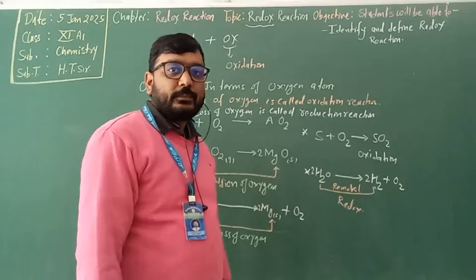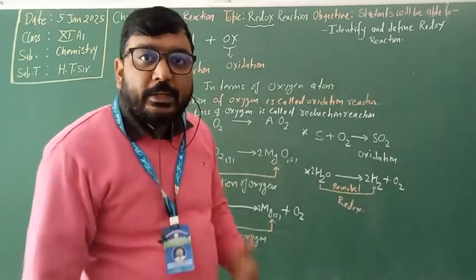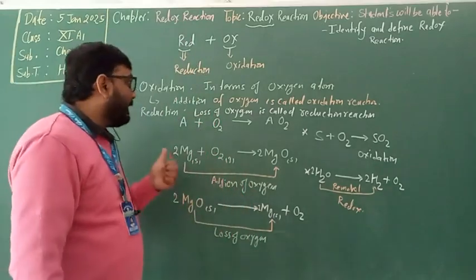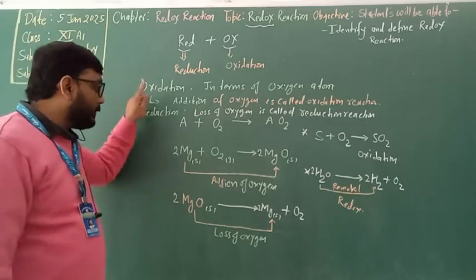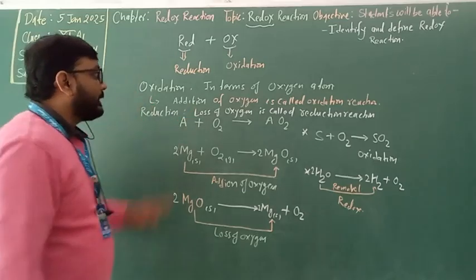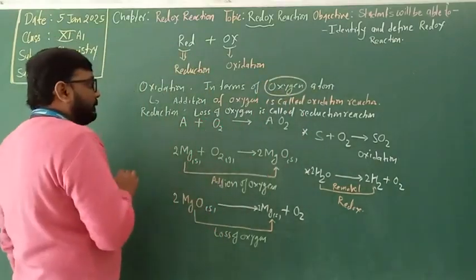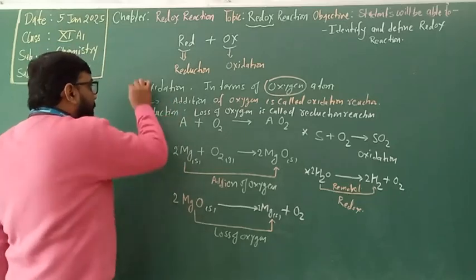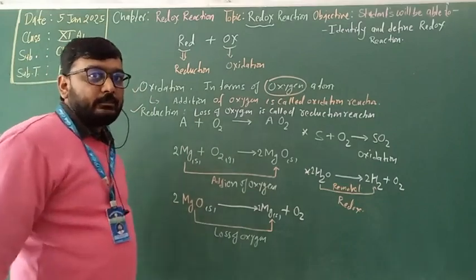Is it clear? I hope you will be able to identify the redox process on the basis of oxidation and reduction, on the basis of the oxygen atom. Here we define the oxidation and reduction process on the basis of the oxygen atom.